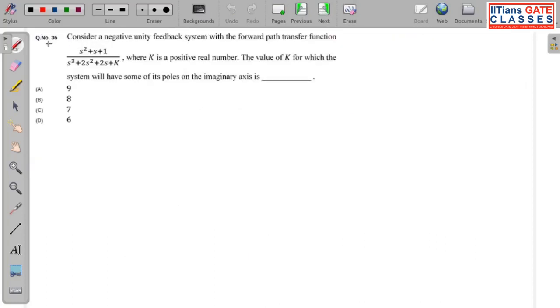The next question they have asked is: consider a negative unity feedback system with a forward path transfer function.